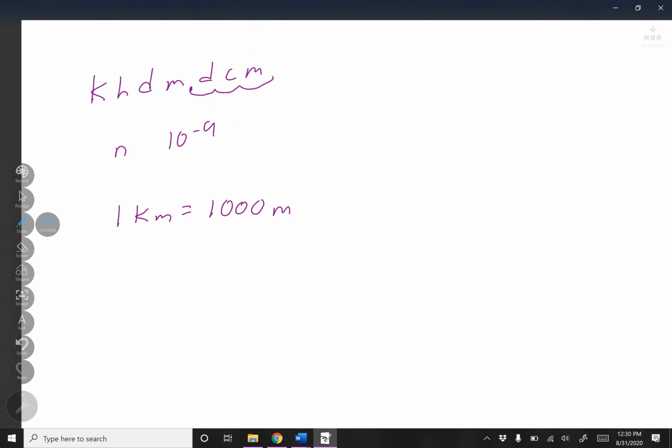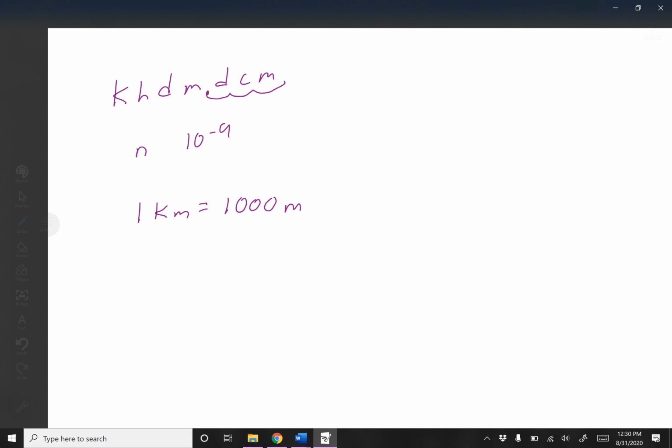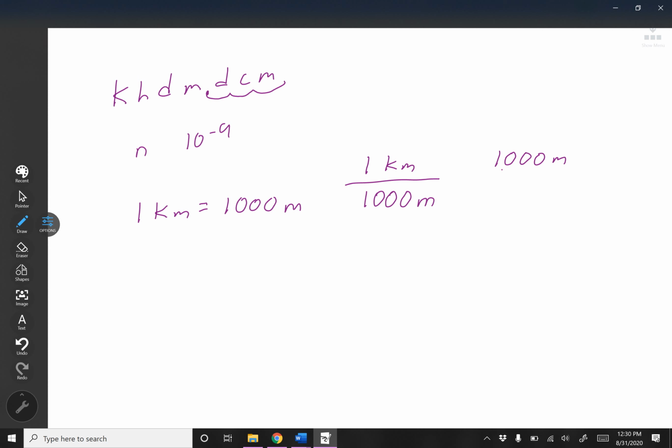But the more useful way of writing it is actually something like this. For every 1 kilometer, I have 1,000 meters. And I can also write this the other way around. I could say that for 1,000 meters, that gives me 1 kilometer. So this is the same conversion factor.